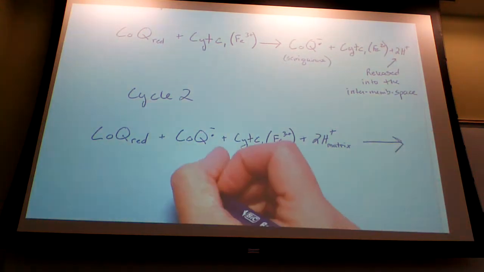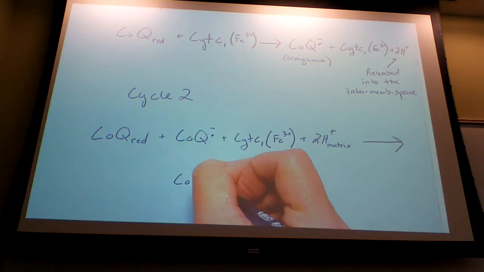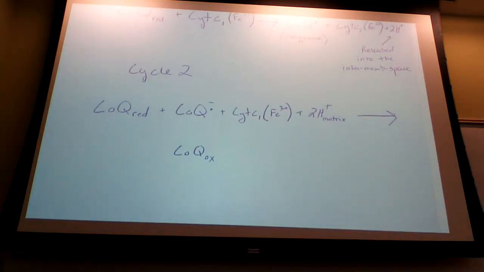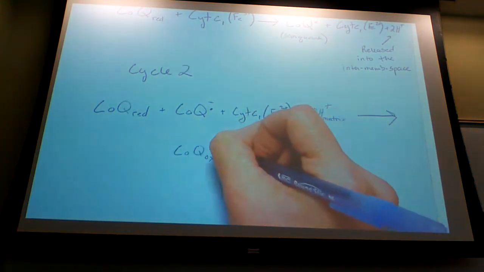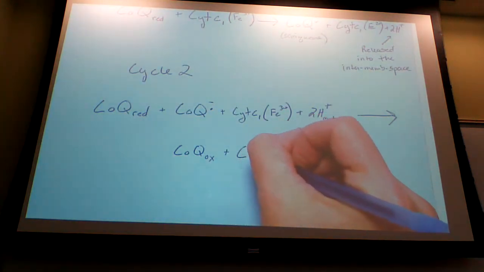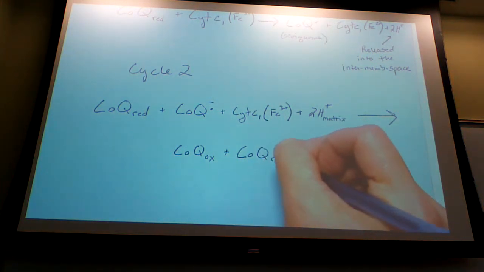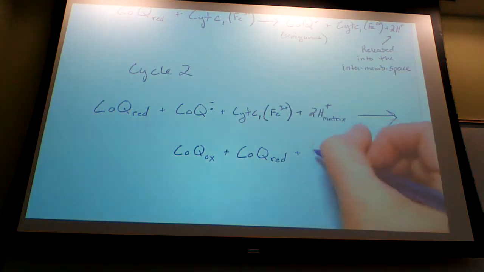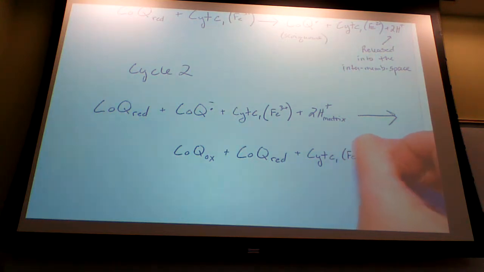And all that is going to go to form a coenzyme Q in an oxidized form, a coenzyme Q in a reduced form, another cytochrome C1 in its reduced form, so 2, and then 2 protons that are released into the intramembrane space.